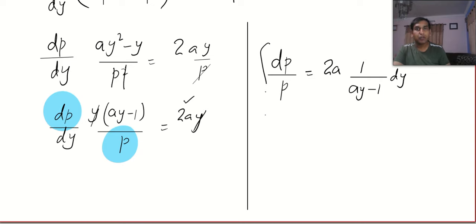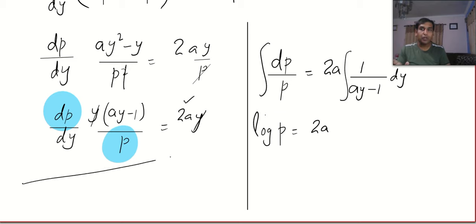So if you want, you can put integral symbol here. So I should write ln p, but in most of your books they're simply writing log p under the assumption the base is e or a natural logarithm. So let's follow them. Log p is equal to 2a. For those students who do not know the formula, let me put it here.